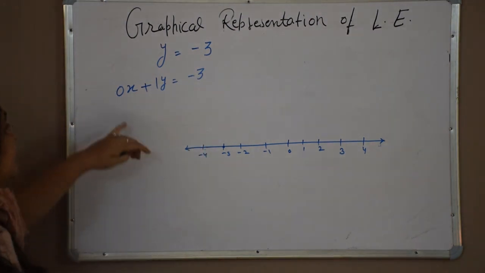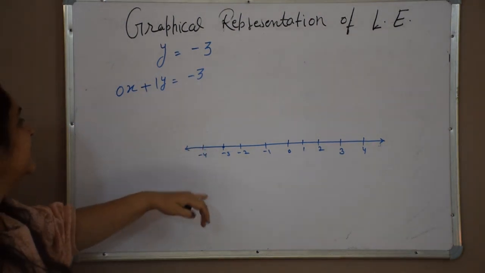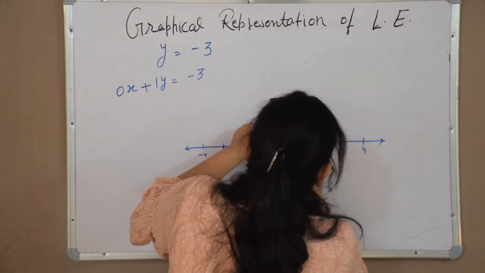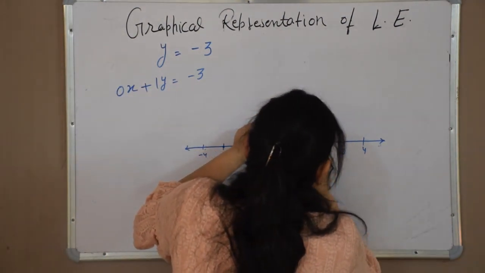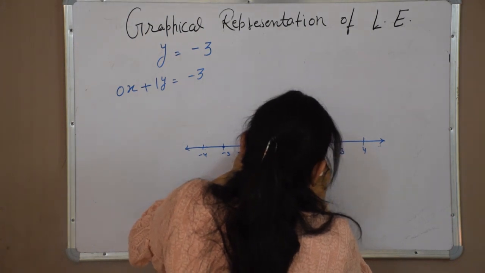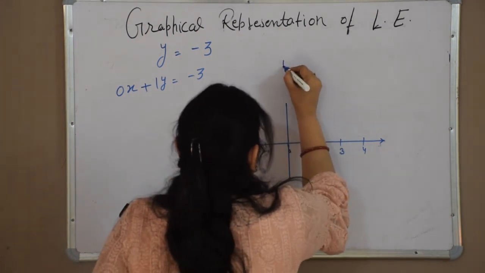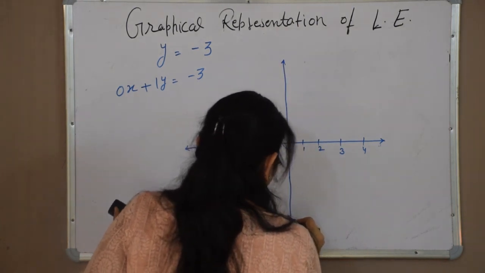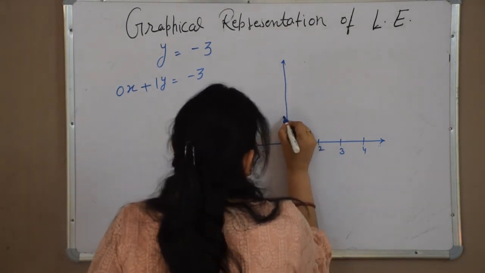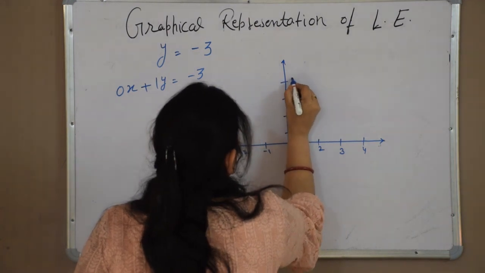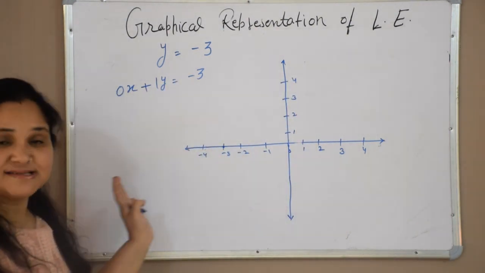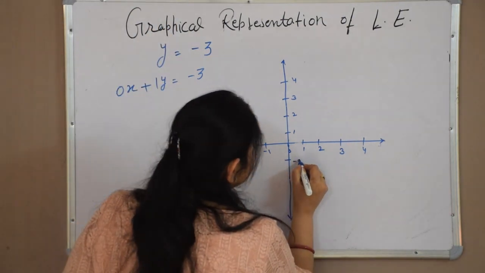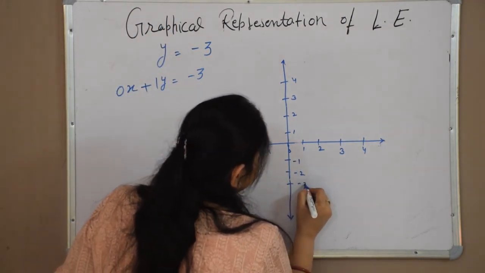Again here, whatever is the value of x, the value of y will always be minus 3, but in two variables we have to plot the y-axis also. 1, 2, 3, 4. In the single variable we just take a real line, and for two variables we will consider the x-axis as well as the y-axis.